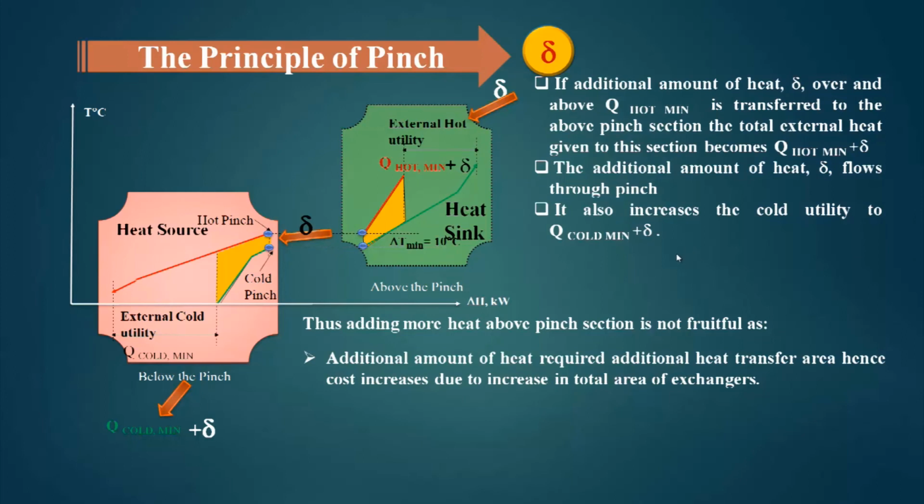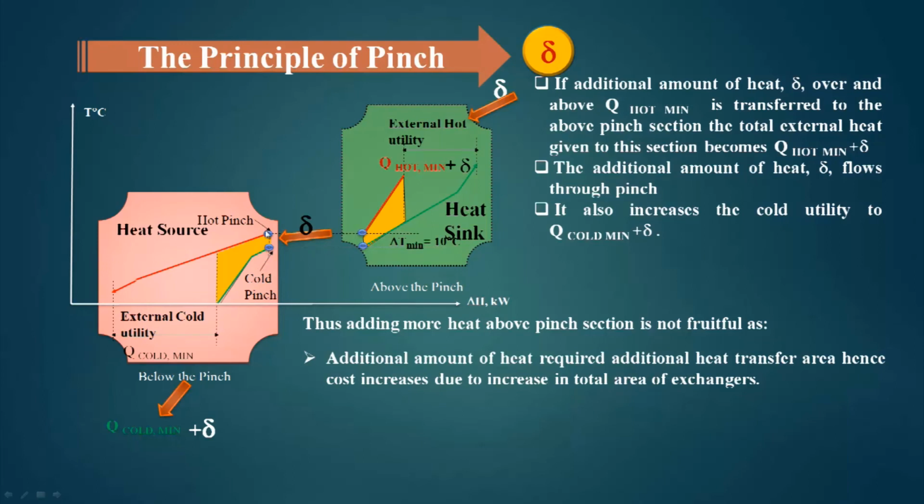So, the heat transfer area required for this above pinch section will increase, as well as the hot utility amount. The increase in hot utility amount will increase the operating cost, and the increase in the area to transfer this delta amount of heat will increase the fixed cost of the above pinch section.